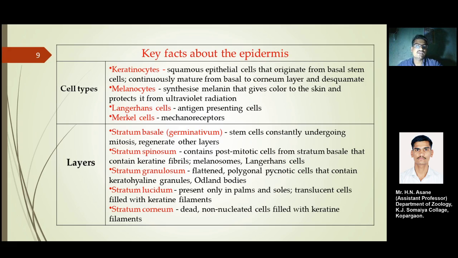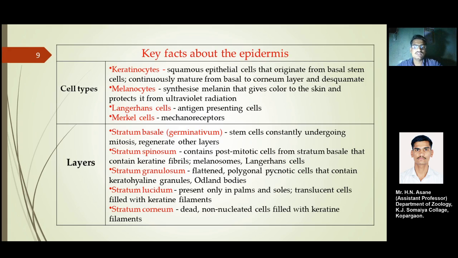Layers of the epidermis, we will see from the innermost layer to the outermost layer. The innermost layer will be the stratum basale, then upon that the stratum spinosum, and upon that the stratum granulosum, then the stratum lucidum, and then the stratum corneum.